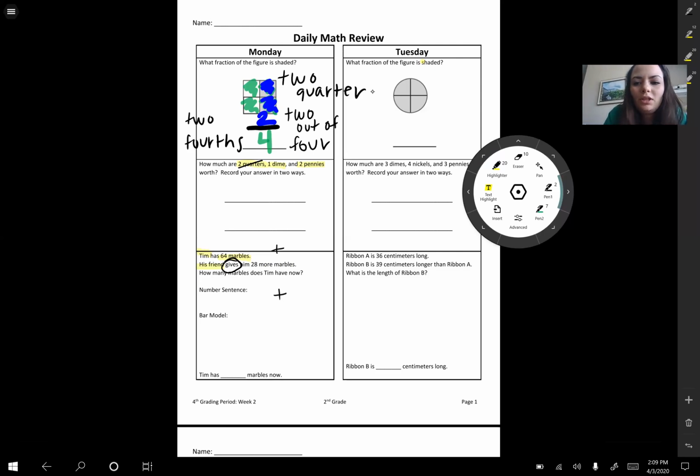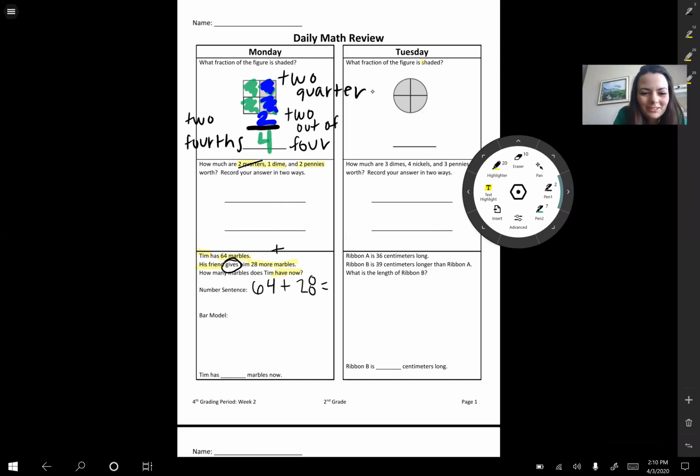So we've got two numbers here. How many marbles does Tim have now? So he had 64. That's what he started with. His friend gave him some more. He gave him how many more? 28 more. And we'll find that answer in just a moment because I have to practice drawing my bar model now.